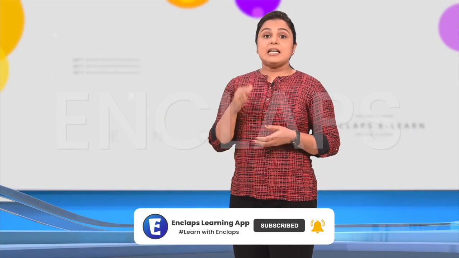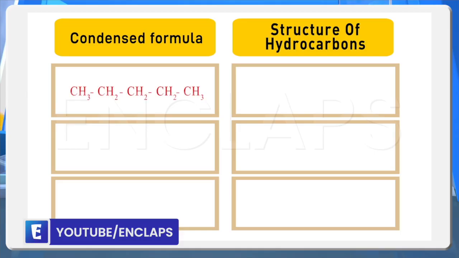Now we know how to write a condensed formula and molecular formula, right? If condensed formula are given, we can draw the structure of compounds. Let's see some examples. What is the first compound? CH3, CH2, CH2, CH2, CH3.